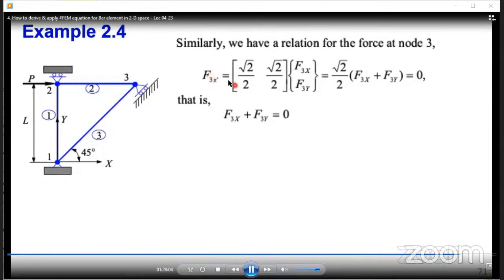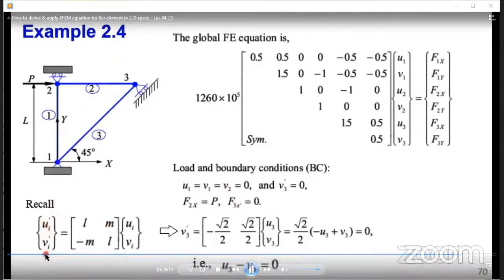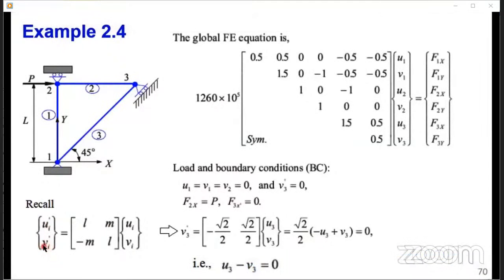So for F3, it is the same. The same equation we're using for U, we could use for F prime in the x direction, F prime xi, F prime yi, is equal to this.